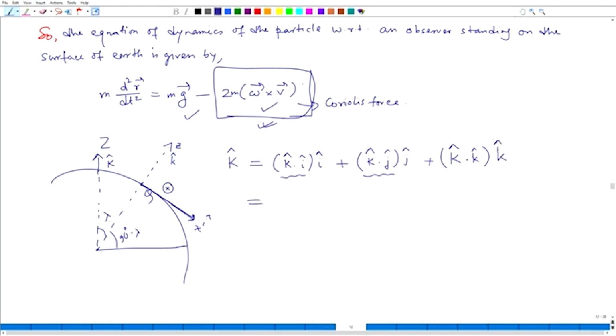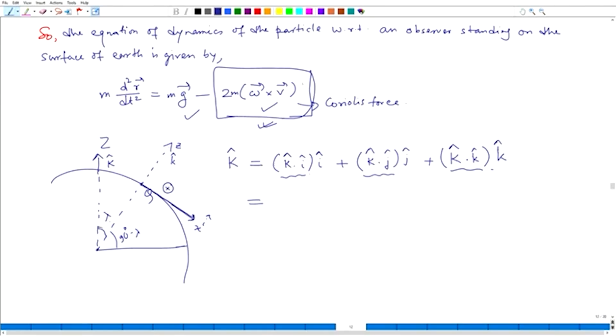Now, what is this thing? This is nothing but cos lambda, because both capital K and small k are actually unit vectors, so their dot products will be simply the cosine of the angles between them.